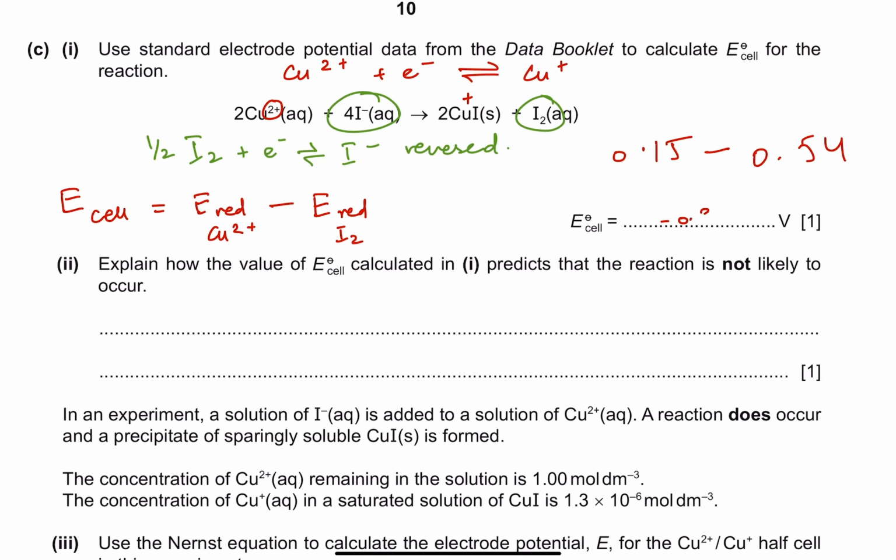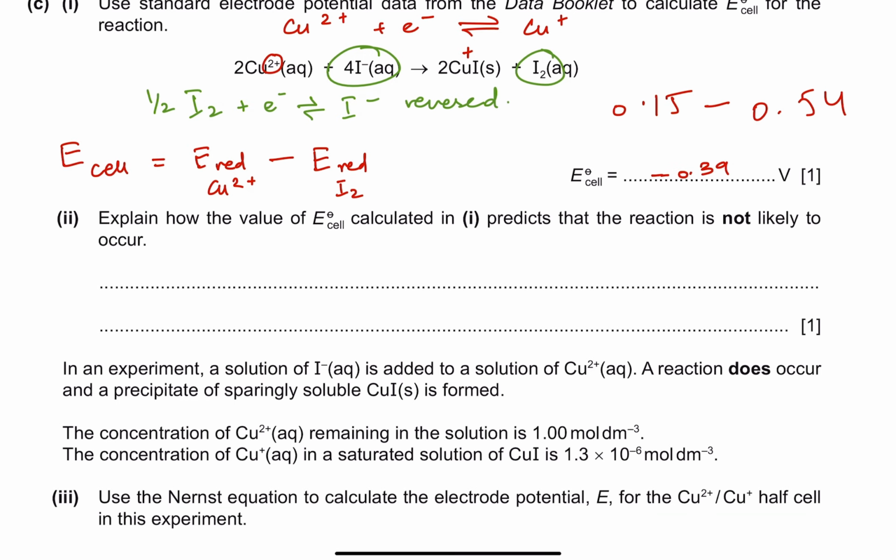I don't know why it is even possible. Sorry, they are mentioning this. So the E cell value is negative, which means not feasible, which means non-spontaneous.